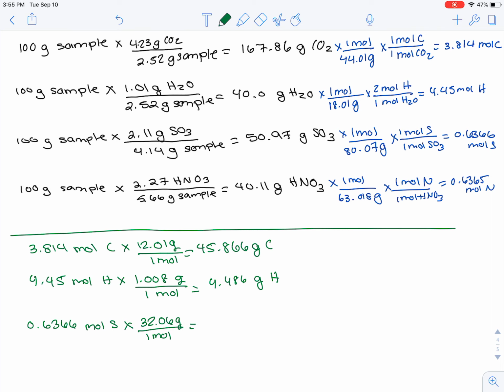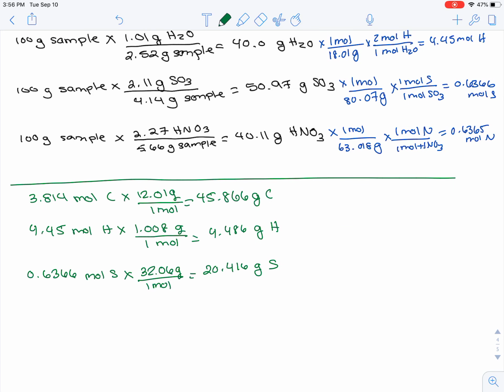That is 20.416. Nitrogen, 0.6365 times the molar mass of nitrogen, 14.01 grams divided by 1 mole. And that's 8.9174.